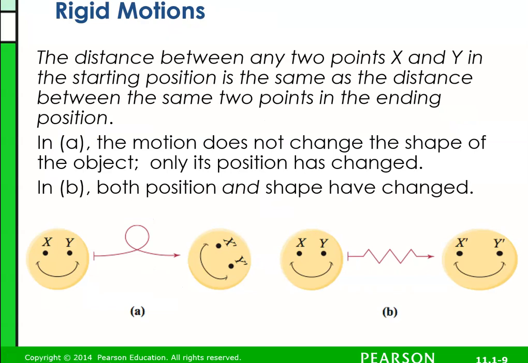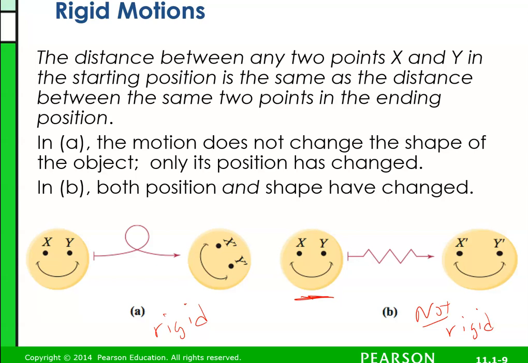If you look at these two examples, A and B here, the left-hand side is rigid, the right-hand side is not rigid. You can see the smiley face is not necessarily distorted, but it's not the same as the original. So again, everything needs to be the same in terms of those motions.